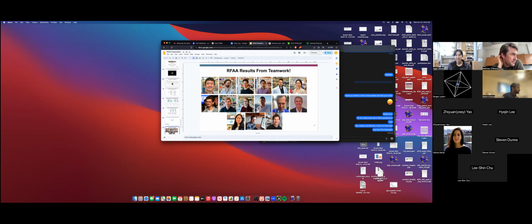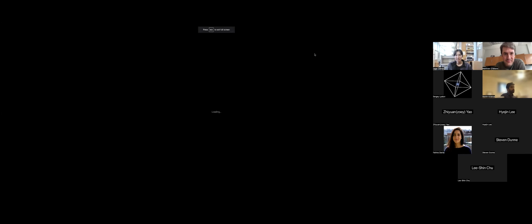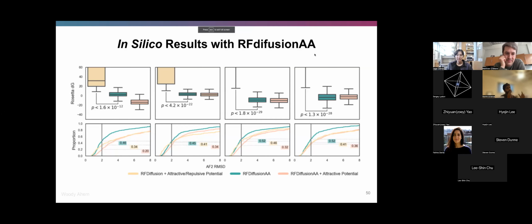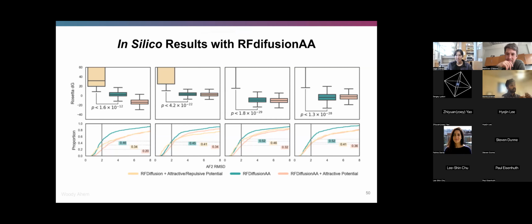So basically, go back to this slide. The idea of using potentials to guide diffusion is at sampling time. It's kind of similar to the chirality feature idea, right? You take the gradient of some heuristic that you have with respect to the previous step.